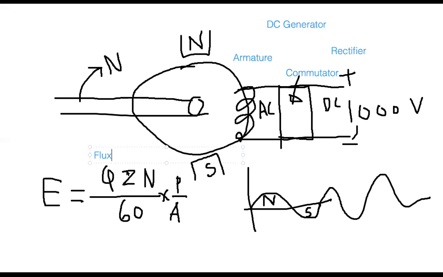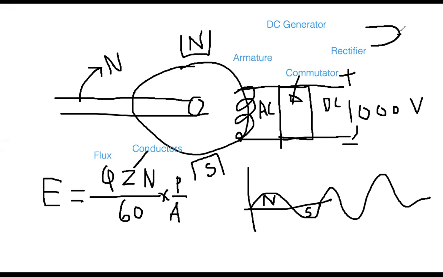This is flux. Z is the number of conductors. So how many conductors are here? For example, this is called one turn, but one turn has two conductors.